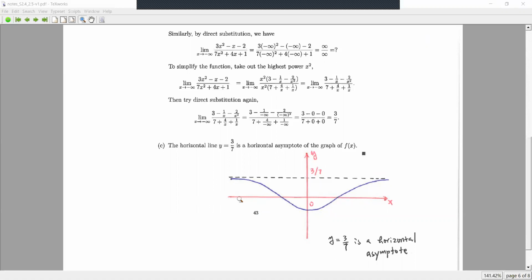So as x approaches negative infinity, the graph of the function is getting closer and closer to this horizontal line. So this horizontal line is a horizontal asymptote of the function. The equation of this horizontal line is y equals 3 over 7. All the points that satisfy this equation together form this horizontal line.